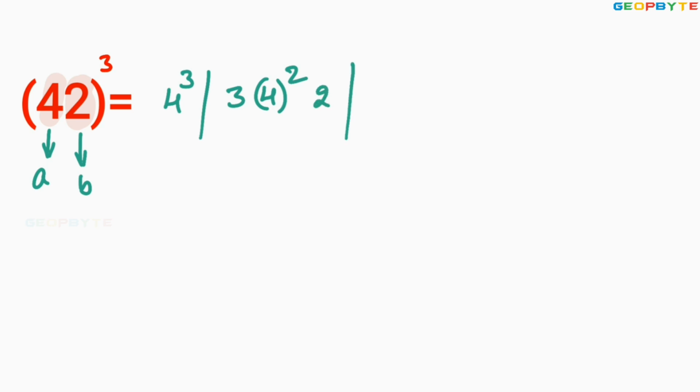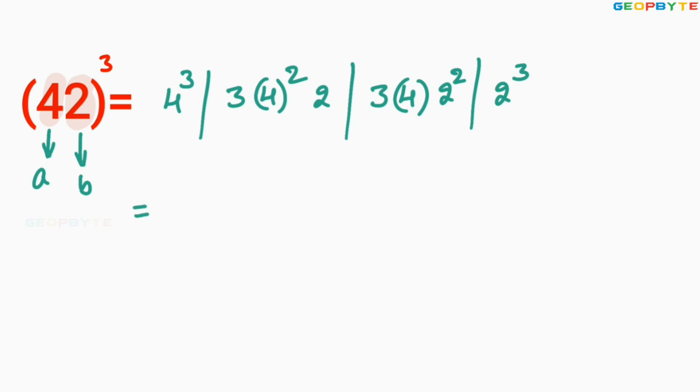Look at the number 42 whole cube. You presume this 4 as A and 2 as B. Then the relation is A cube, 4 cube, 3A square B, 3AB square, finally B cube, 2 cube.